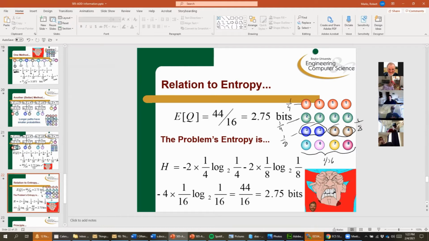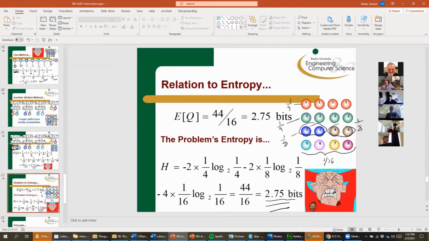So we can do 1/4 times the log of 1/4 plus 1/4 times the log of 1/4 plus 1/8 times the log of 1/8, etc. So this is what we're doing now. We're going to compute the average of the entropy of this corresponding distribution of balls. And guess what it turns out to be? 2.75 bits. That's incredible. I think it's incredible.